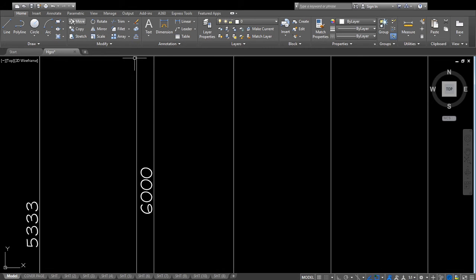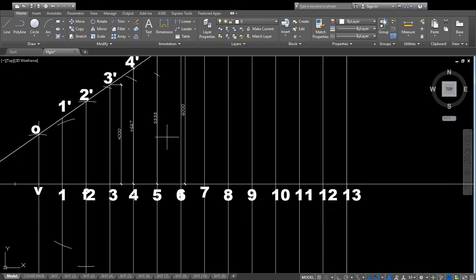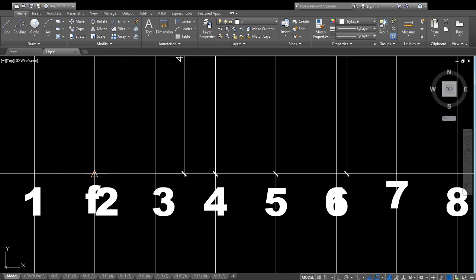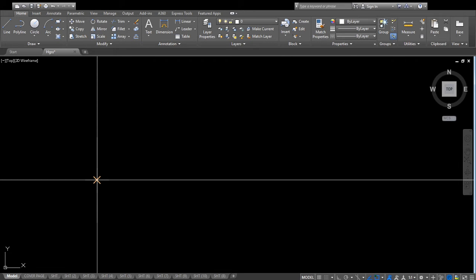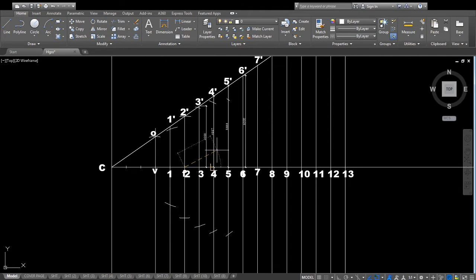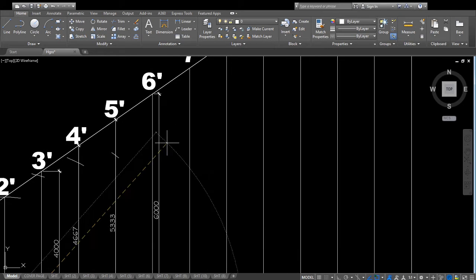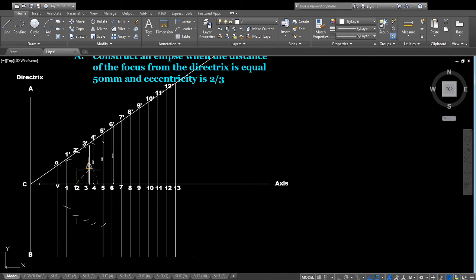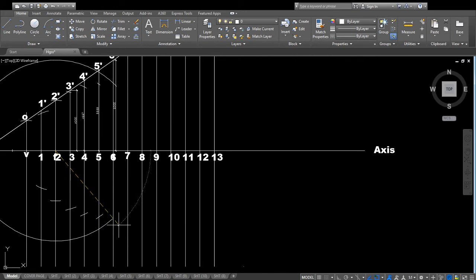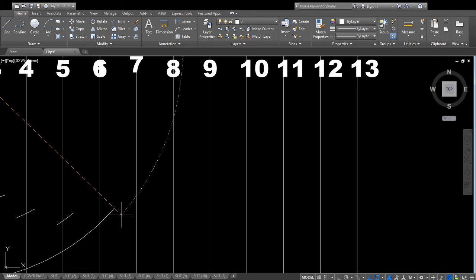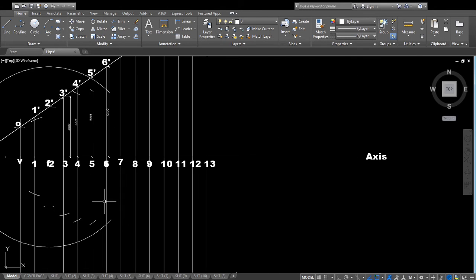So I'll pick my arc of radius 6,000, come to F, and with my radius of 6000, I'll make an arc to this point.